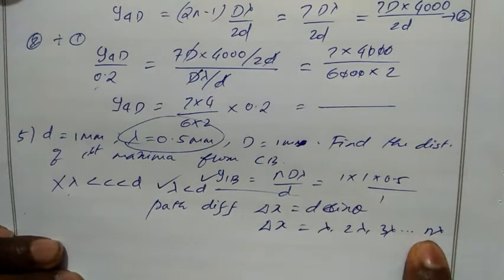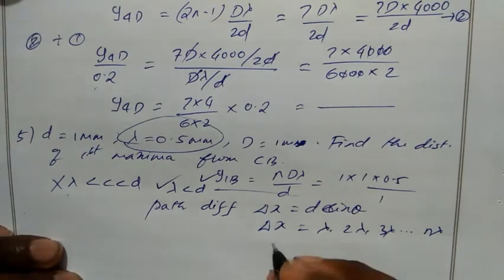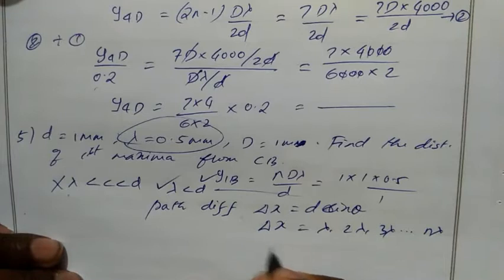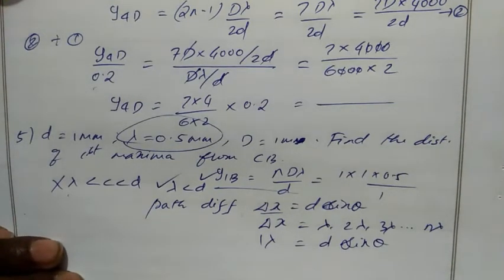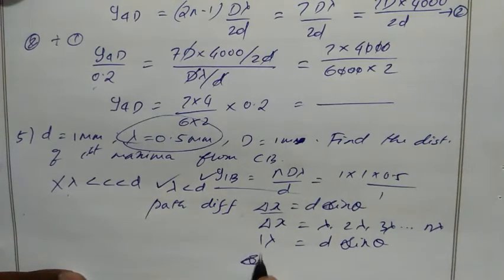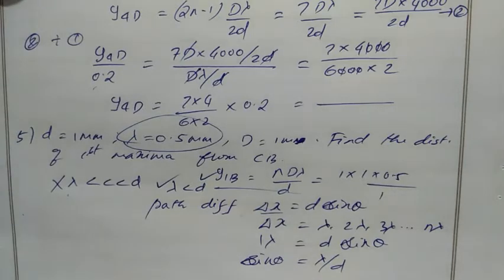Okay, for n we substitute 1, then we have 1 lambda. So for del x we take 1 lambda equal to d sin theta. Correct? From this formula take the value of sin theta equal to lambda by d.